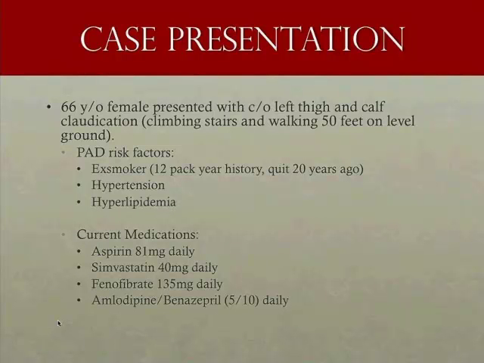Her peripheral arterial disease risk factors included a prior history of tobacco use, although for the VA physicians listening, they'll probably think this is child's play with her 12-pack year history of smoking, and in fact she quit 20 years ago. She also has a history of hypertension and hyperlipidemia, and her current medications are fairly standard cardiac medications, including a low-dose aspirin, statin, fenofibrate, and a combination of calcium channel blocker and ACE inhibitor.